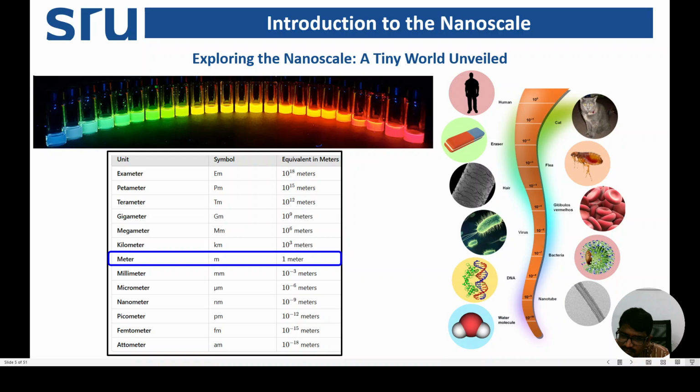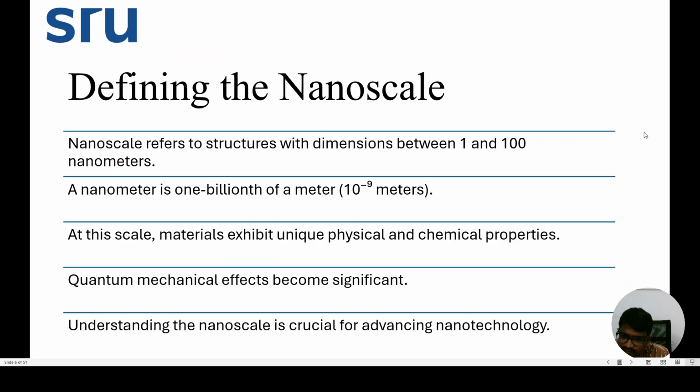So the definition of nanoscale: one billionth of a meter. I think you can now compare how much bigger our hair is compared with the nanoscale.